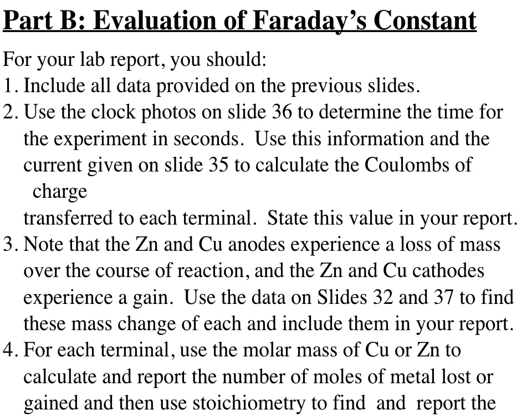Now, then, what we will do is take the weights of the terminals and subtract them, and report the change in mass that each terminal undergoes. Okay, so then what we will do after that is we will calculate the number of moles transferred using the molar mass of copper for the copper electrodes and the molar mass of zinc for the zinc electrodes.